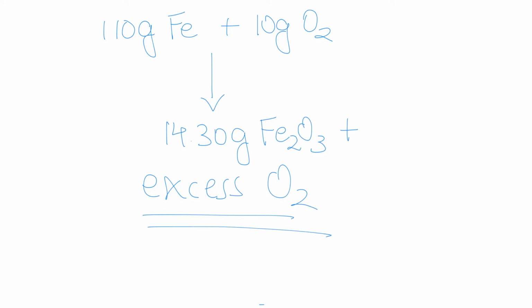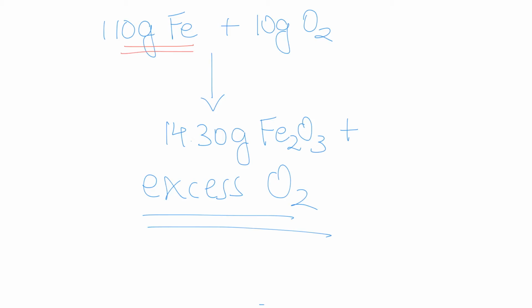It means it's extra. It was not used because your iron ran out first. That's what it means. So excess means extra, which means in this reaction, Fe was your limiting reagent. It is going to tell you how much product will be made.